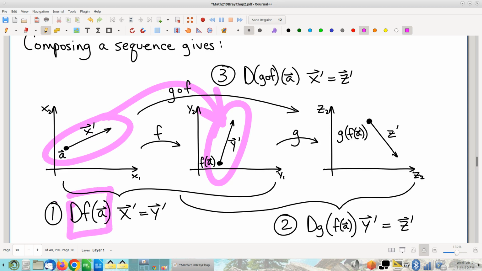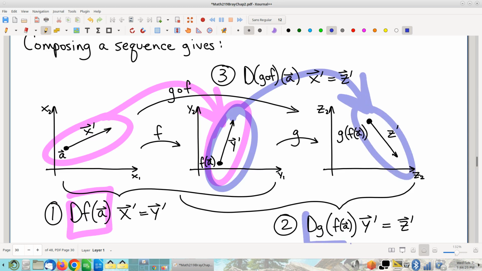Sure, it's a matrix, fine, whatever, but it's a factor that is multiplied to turn this vector into that vector. And then the derivative of g is the factor that you multiply there to get that. Again, it's a matrix factor, but it's just a factor. It's what you're multiplying by what you have to get what you want.